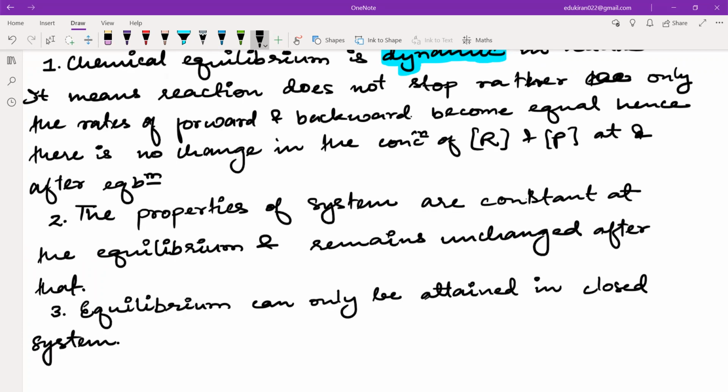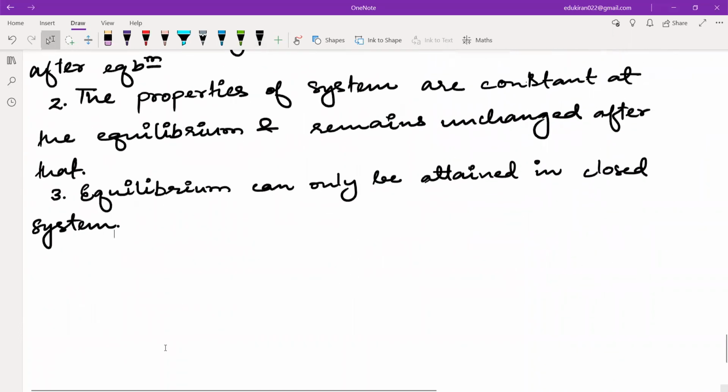Because if you have an open system, some of the reactants which get converted into product, those products are gaseous molecules. The gases will escape. Now, if the gases have already escaped, they cannot go back to the reactant. That is why we need a closed system for the equilibrium to be established.